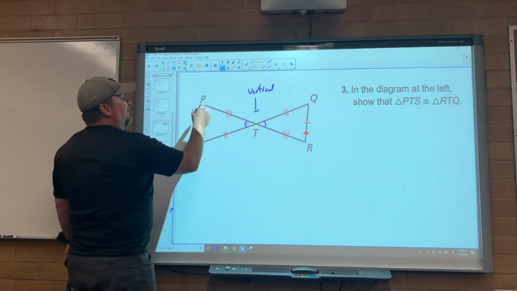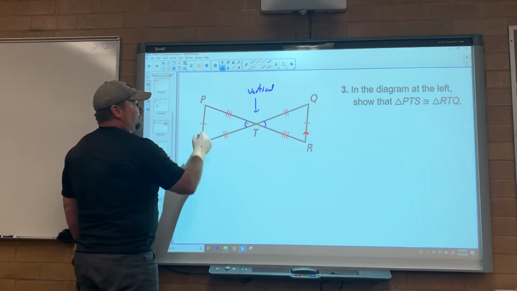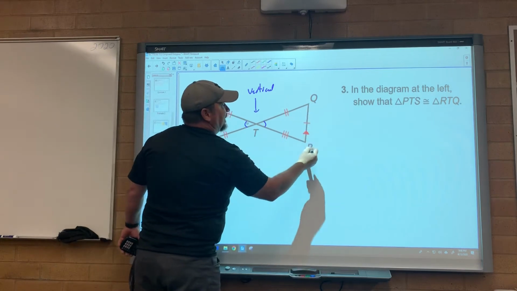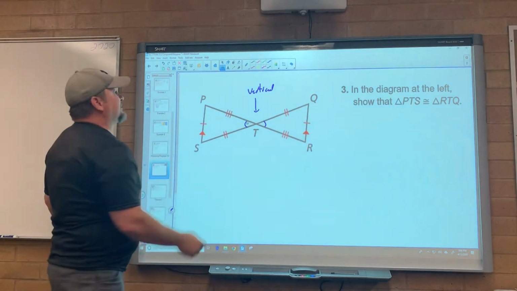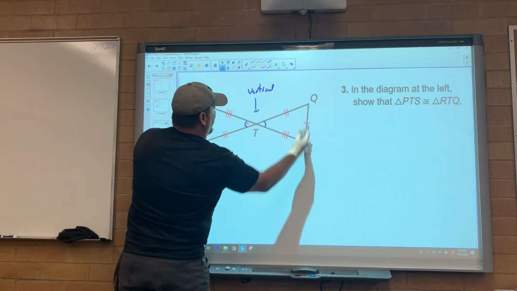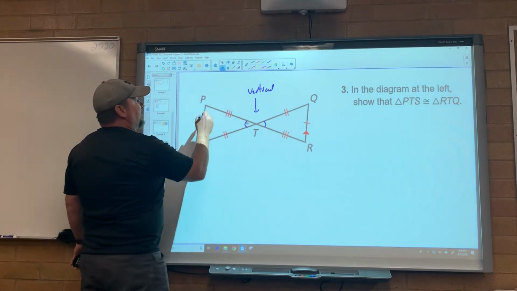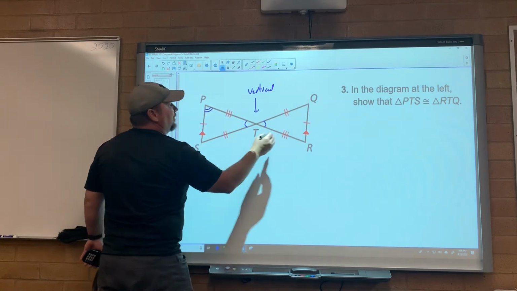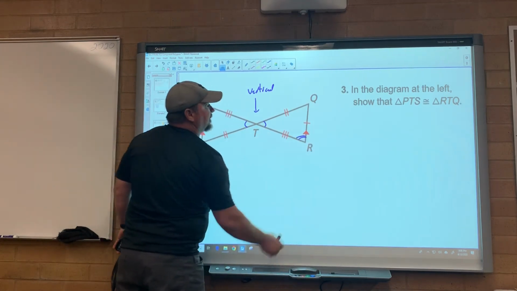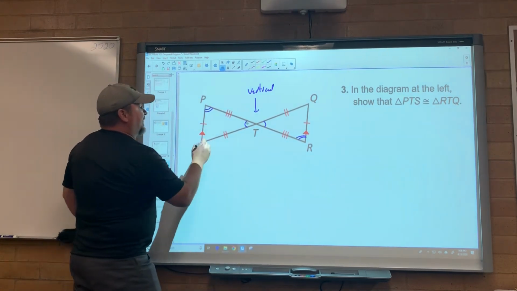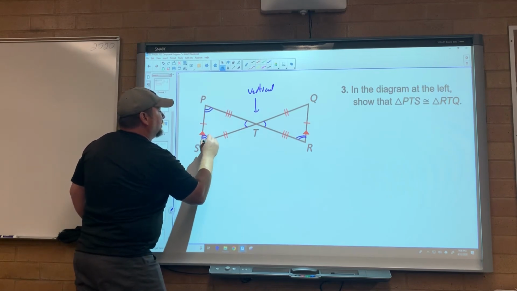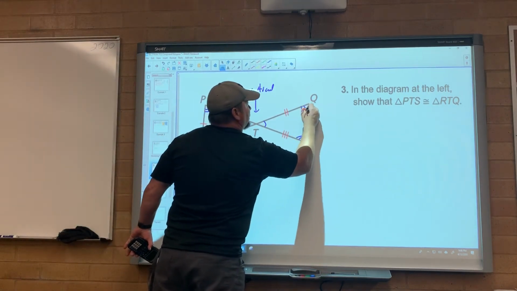Then over here we have a parallel line and a parallel line. Anytime you have two parallel lines cut by a transversal, then you get alternate interior angles. So this angle and this angle would match. They're alternate interior, and then this angle down here would match this one up here.